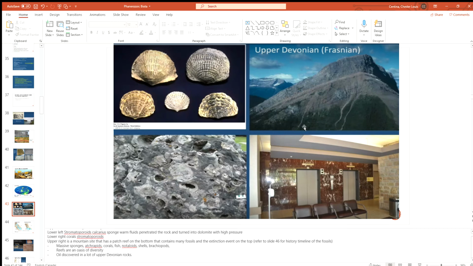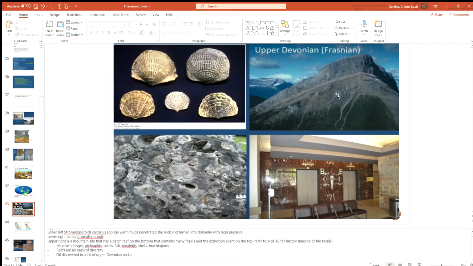Okay, so now we look at this mountain. In this area is a patch reef on the bottom, and it has many fossils right here. And the extinction event is on the top right here, which we will see later for the history and timeline of these rocks.